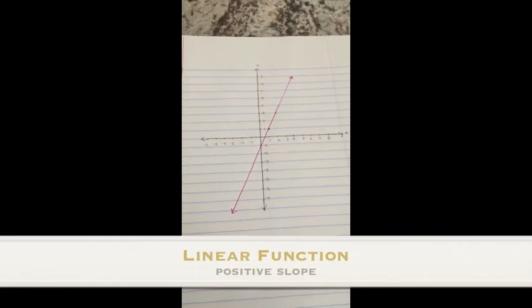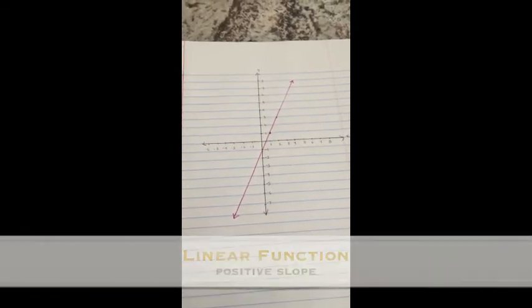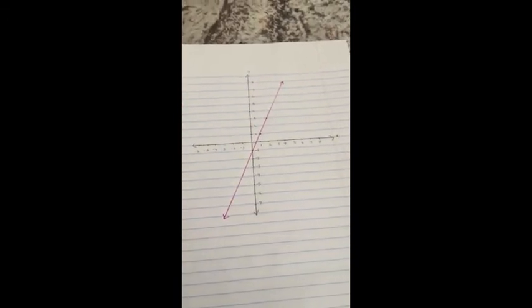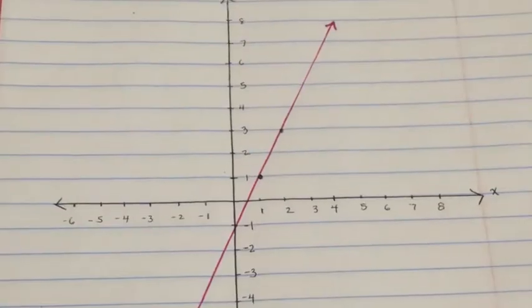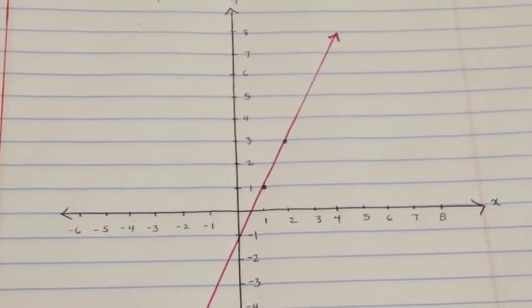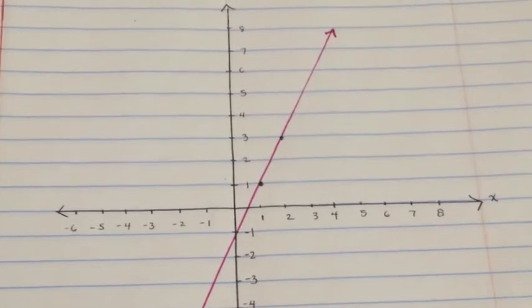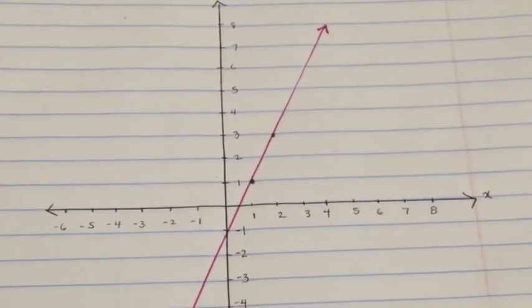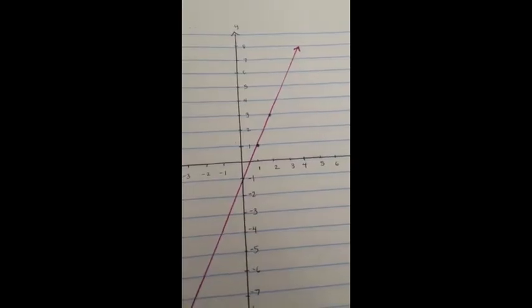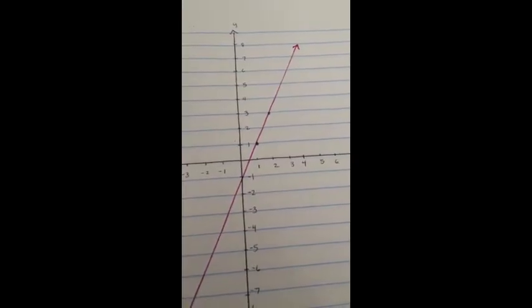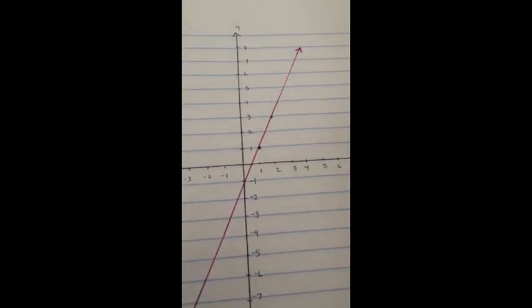This is a line on a coordinate plane. From before, we can see that this line has positive slope. If I want to know the exact value of the slope, I can find the slope by doing rise over run. Using the idea that slope is rise over run, I'm going to find the slope of this line.